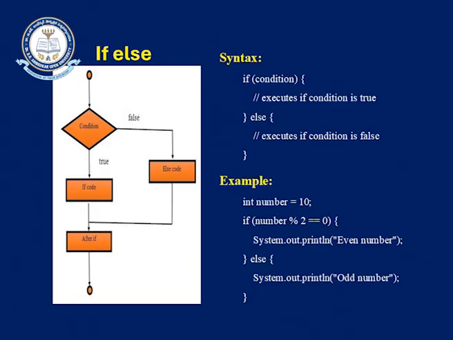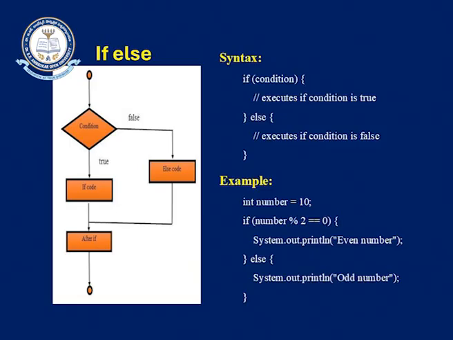So the if else statement has this extra option of executing other statements if the condition is false. You can see the syntax here. If this condition is true, then this gets executed. If it is false, then this statement gets executed.